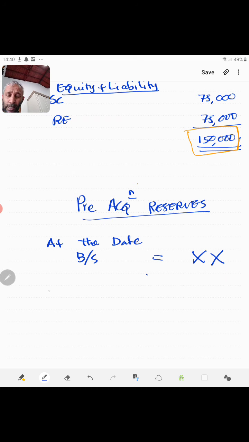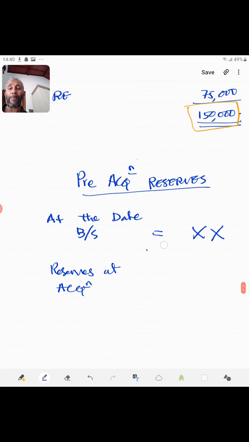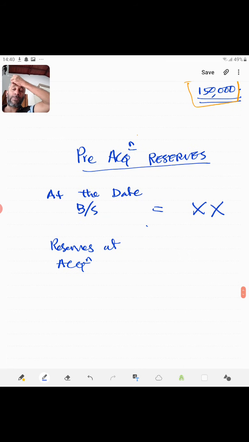This is known as reserves at acquisition. Once you know that, in preparing your consolidated statement of financial position, first in calculating goodwill, you must use any reserves available prior to acquisition. So from the total reserves available in the balance sheet, you then have to subtract this.